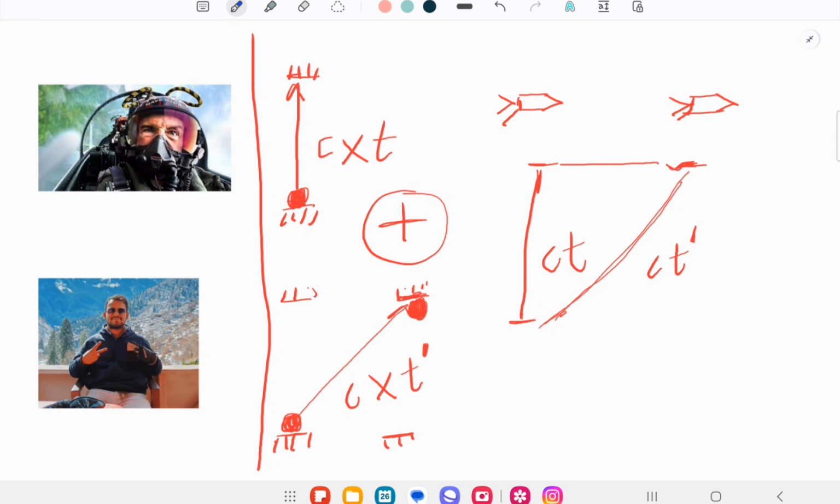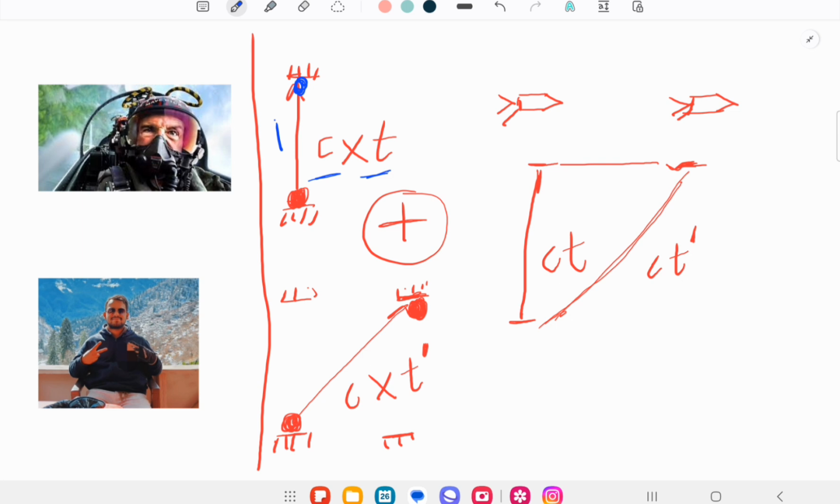As you know, the speed of the photon is the same as the speed of light. So here the speed of the photon will be c, and let's say the time it took to go up to this point is the actual time that Tom is seeing. So now the distance would be speed into time, that is c into t.